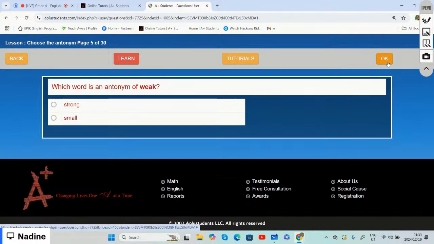We have 12 more minutes. What is the opposite of weak? Is it option one, strong, or option two, small? Weak.